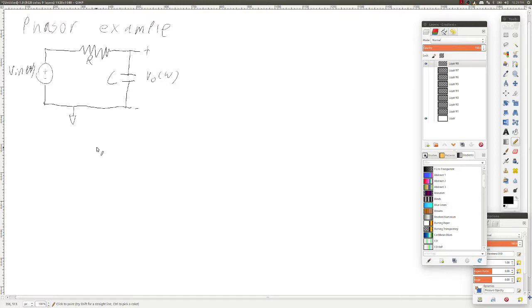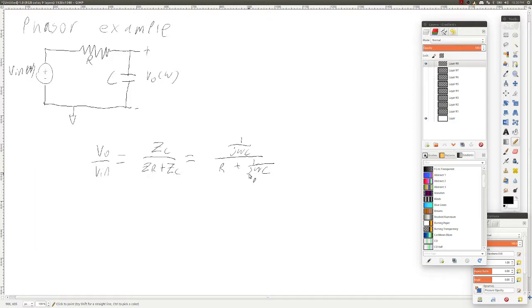So we have R and we have C. So we know V out over V in is equal to Z sub C over Z sub R plus Z sub C. Oh, nope, that's my bad. So we know that the impedance of a capacitor is 1 over j omega C. We know that the impedance of a resistor is R, and we have the impedance of the capacitor again, 1 over j omega C. What we need to do here is fairly obvious, I think.